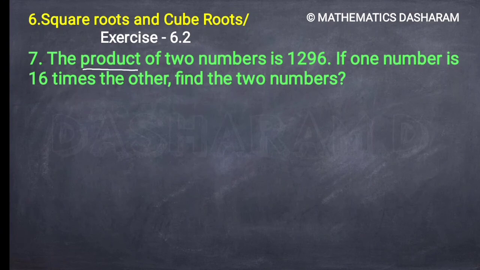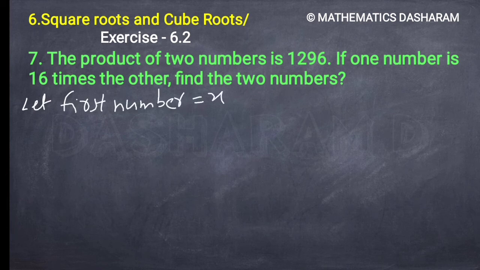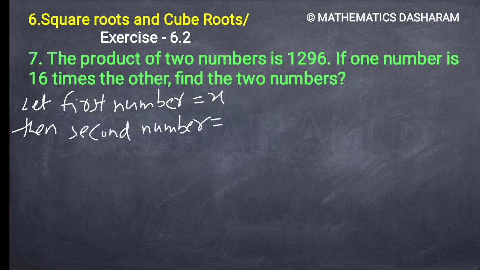Seventh question: the product of two numbers is 1296. If one number is 16 times the other, then find the two numbers. So let the first number be x, then the second number will become, since one number is 16 times the other, 16 into x.